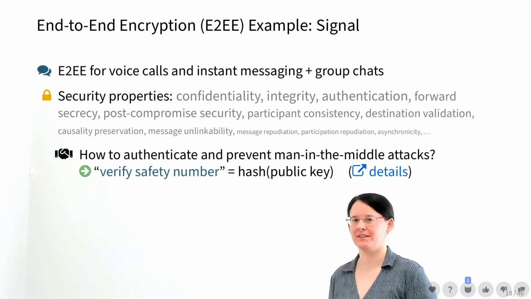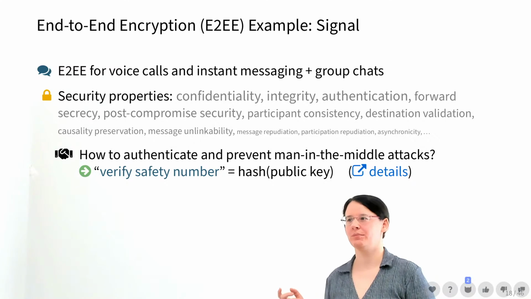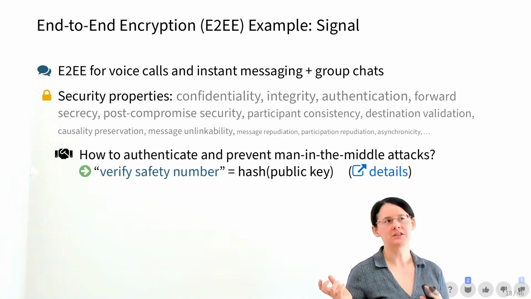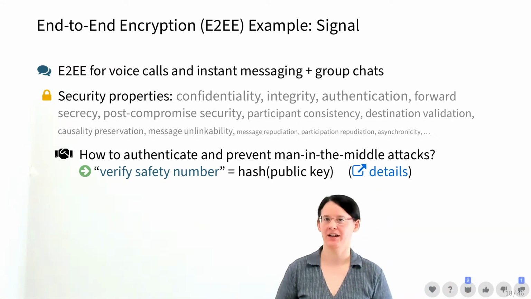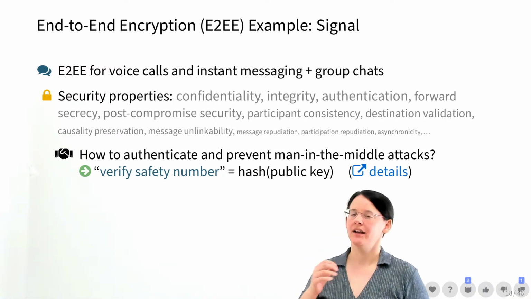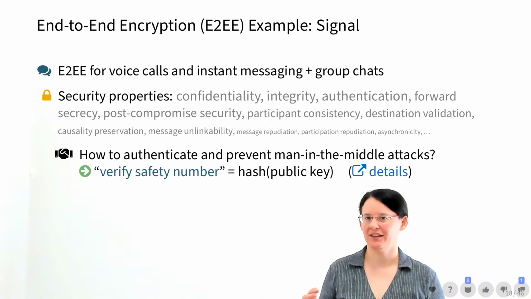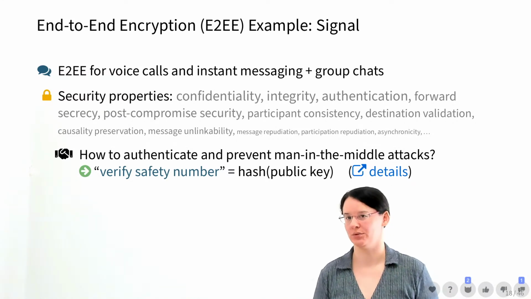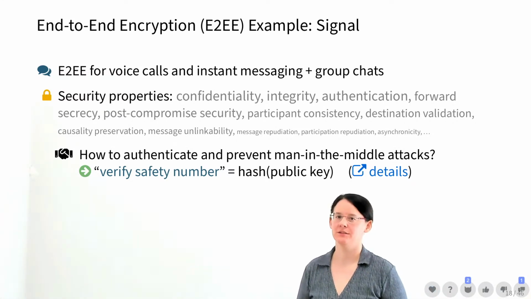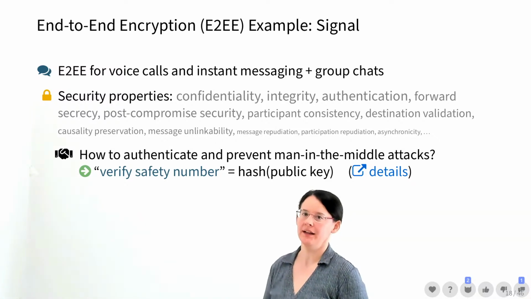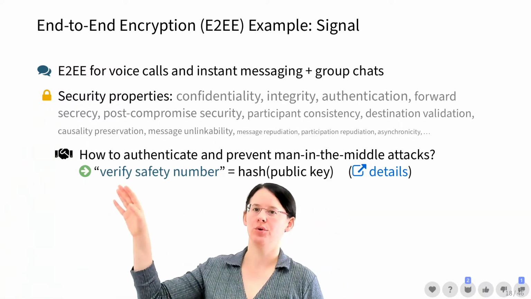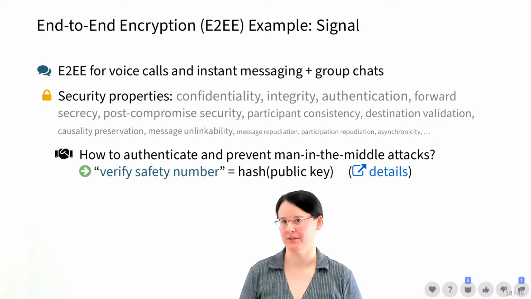We saw how this works in TLS, but there it only worked because the endpoints were machines, so they could set up certificates and check each other's certificates. If you manually talk human to human, you need to authenticate as a human that you're talking to the right human. And one of the mechanisms how Signal allows you to do it is because it allows you to verify safety numbers.